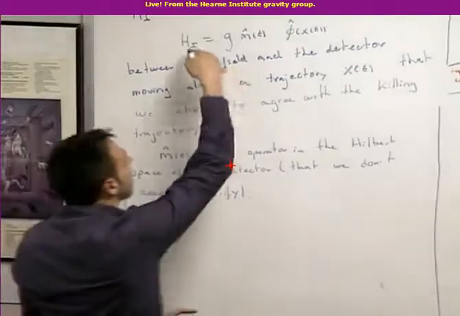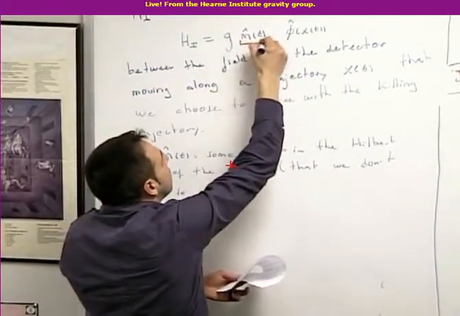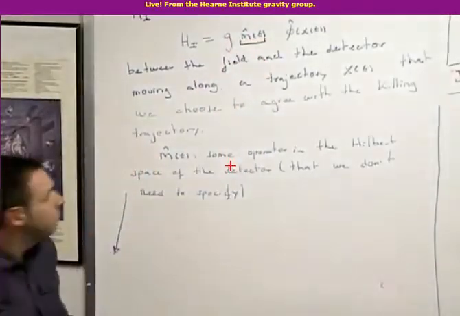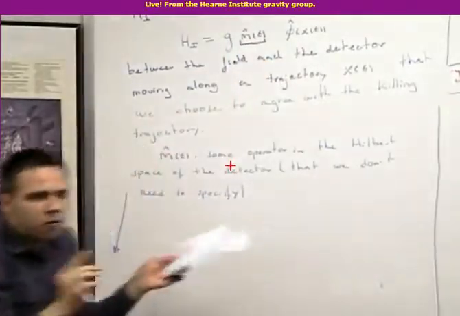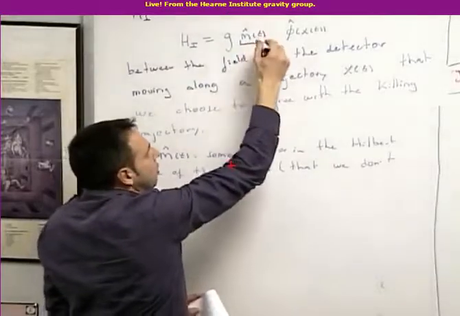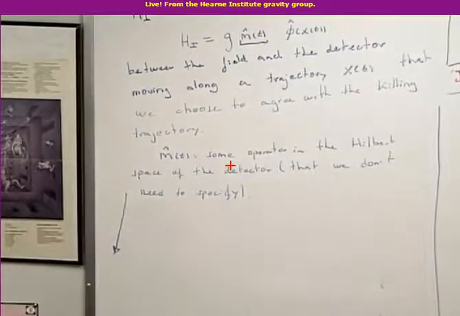And I write this coupling, the simplest coupling I can imagine. Some coupling constant, of course, some operator for the quantum mechanical system, and the field operator. And this can be as simple as you can imagine. It can be whatever you want. I don't even need to specify what this M operator is. This is enough to define a particle detector.